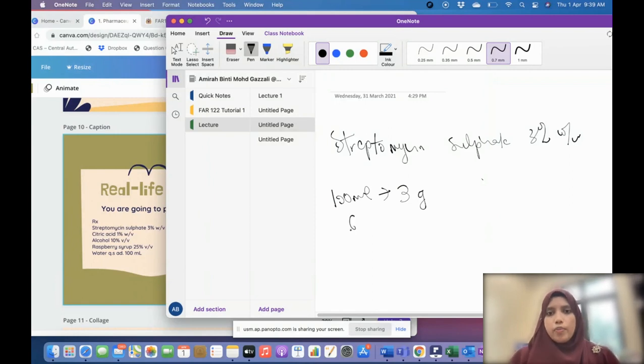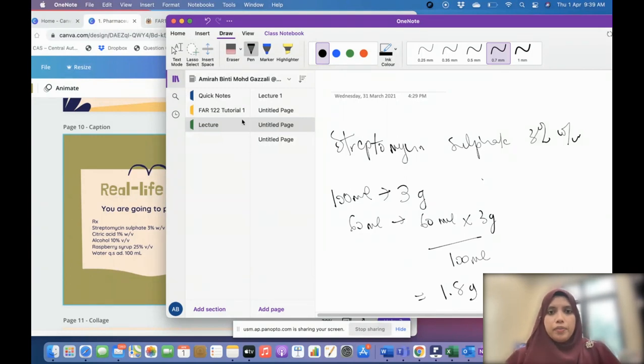Now you are going to prepare 60 ml. So you can directly calculate 60 ml times 3 grams over 100 ml. So you will get 1.8 gram needed for the formula to prepare 60 ml.